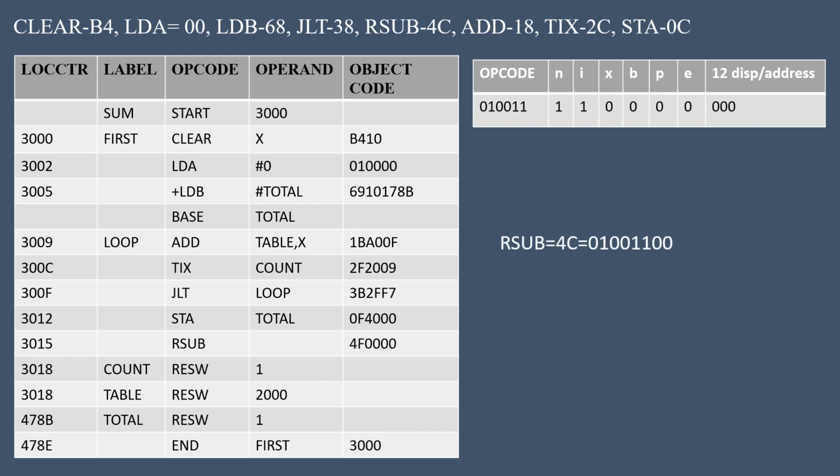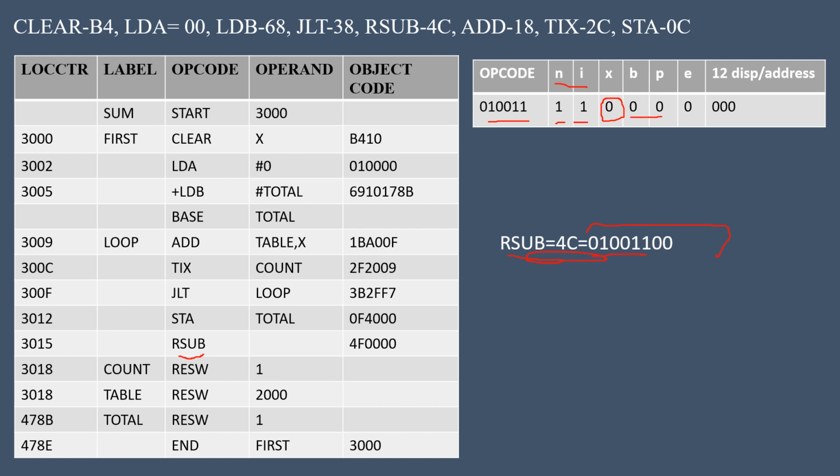Our next instruction is RSUB. The value of RSUB is given in the question, that is 4C, and this is the binary representation of 4C. The first 6 bits have to be taken in the opcode, that is 010011. It is neither indirect nor immediate, so the value for n and i is taken as 1, and as there is no comma x, the value of x is taken as 0, which indicates it is not an index addressing mode.